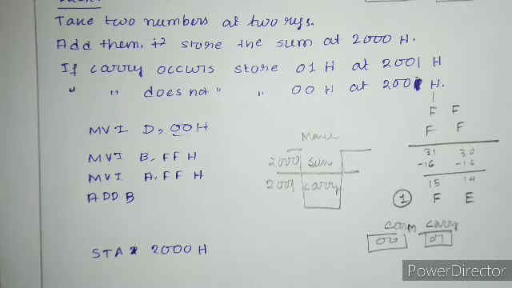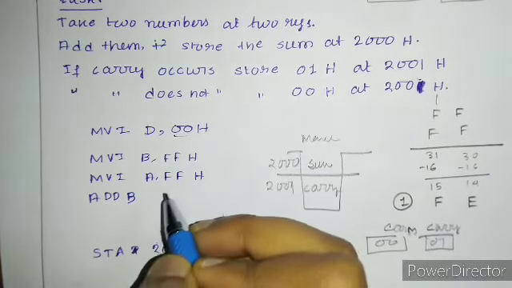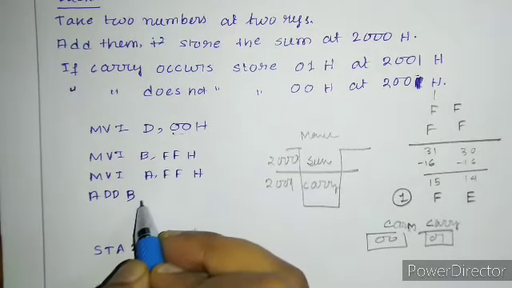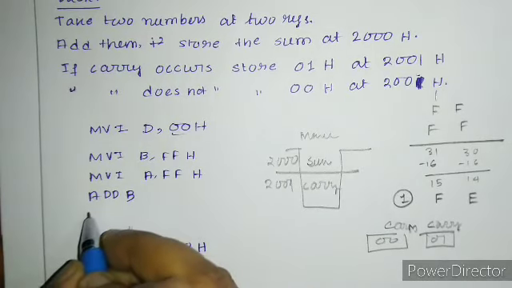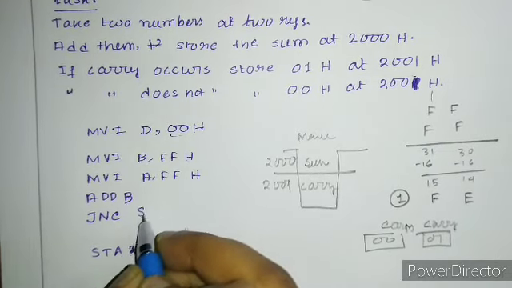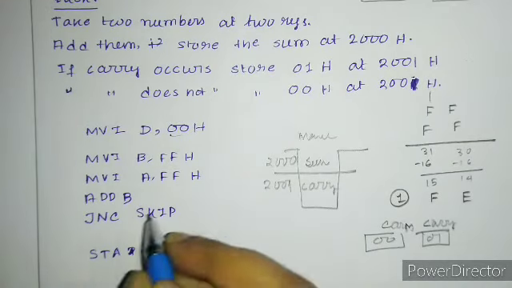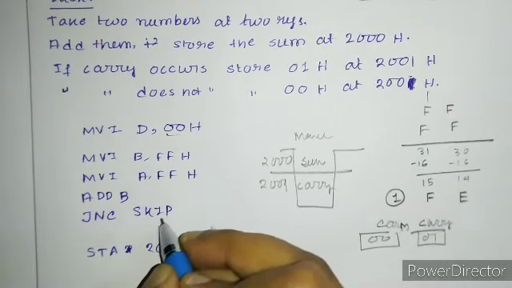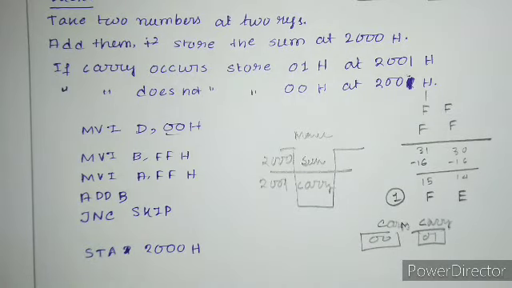Let me show you how to do this. So MVI D, 00H. Now add. Now start checking. JNC skip. You can take whatever name you want. This is just an address that you have to go to next. I hope you have seen all the branch control videos also.